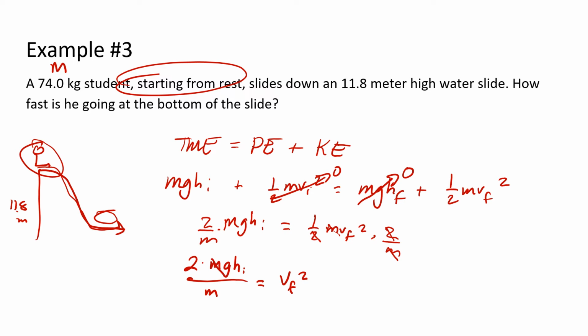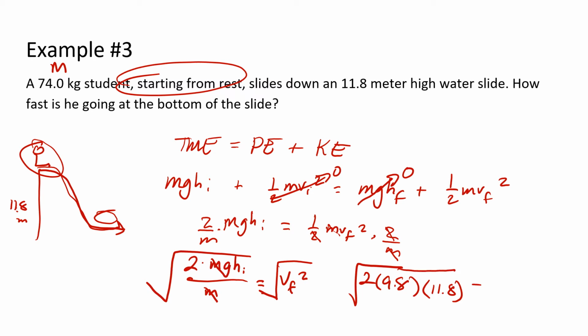My m's cancel out because I'm just dividing, and I want to take the square root of both sides. So the square root of 2 times 9.8 times 11.8 equals my vf. You'll notice that my masses don't matter in this situation. It's kind of crazy. The masses matter when we're doing the roller coaster thing in class, but notice when we're using this, the masses just cancel out.